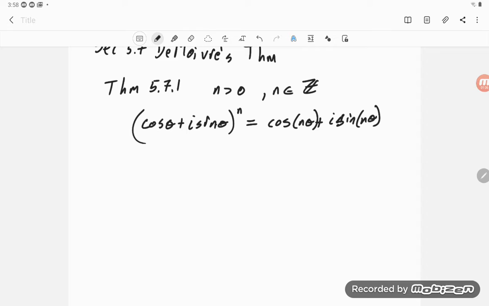Okay, and that just came from our properties of exponentials.